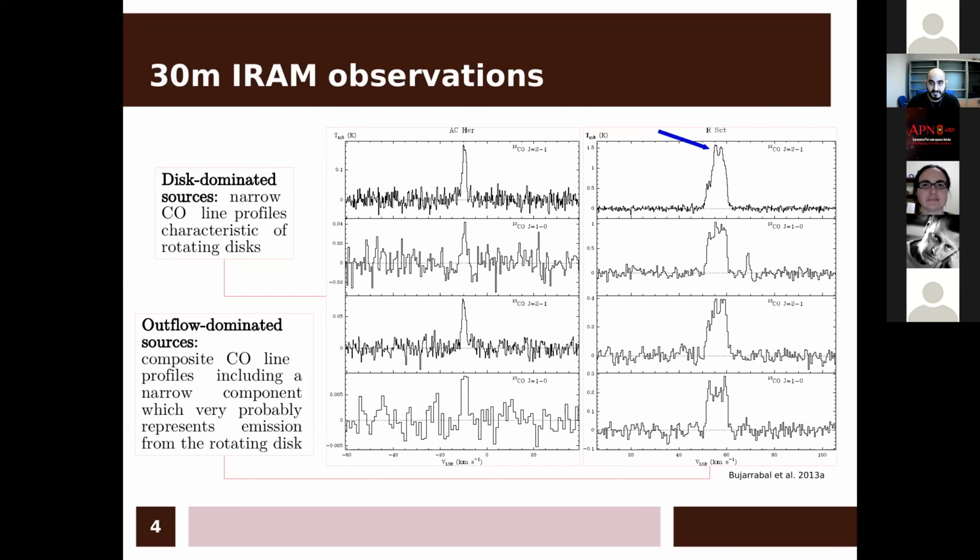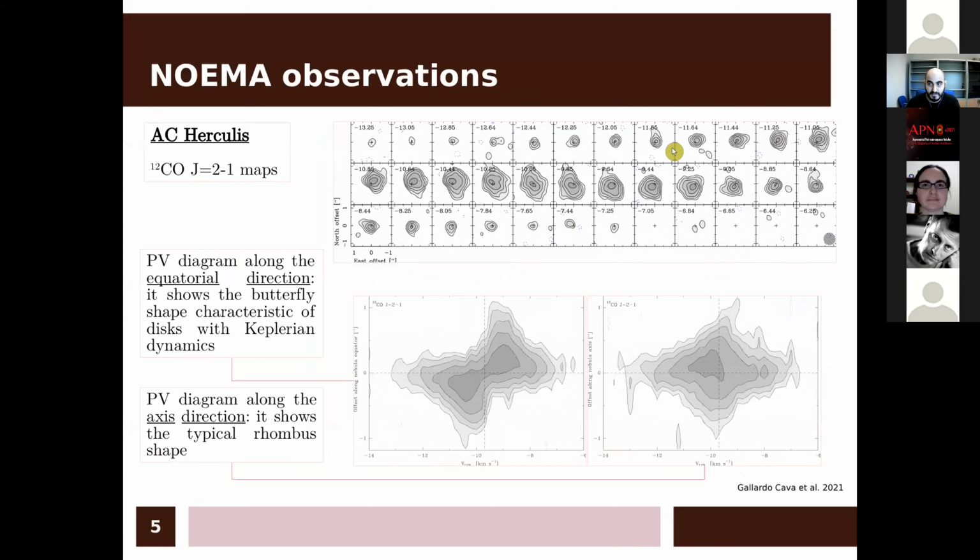These two sources have also been very well studied in millimeter interferometric maps, for example AC Herculis. This is the velocity map, and we also show the PV diagrams along the equatorial direction and along the axis direction. The first one reveals again that butterfly shape that shows the Keplerian dynamics of the disk of AC Herculis.